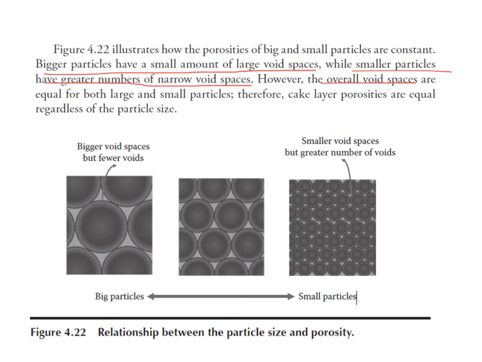However, the overall void spaces are equal for both large and small particles. So the cake porosities are equal regardless of the particle size. But if the particle shape changes or cake layer compaction happens, this porosity may change.